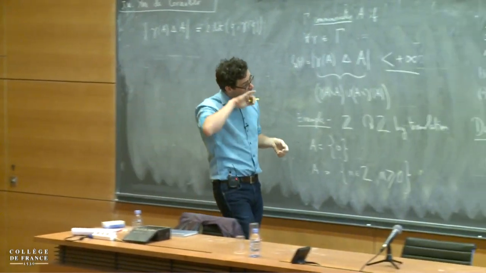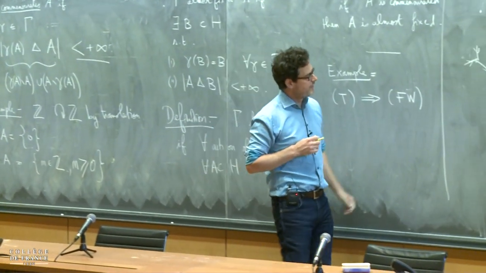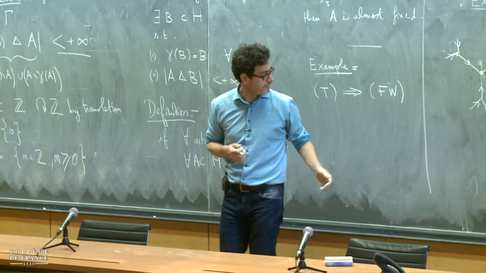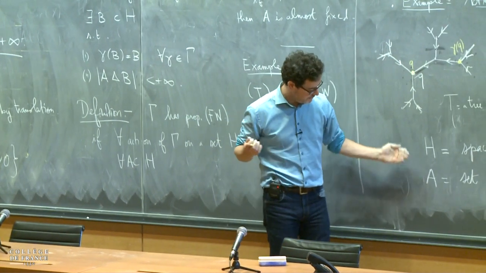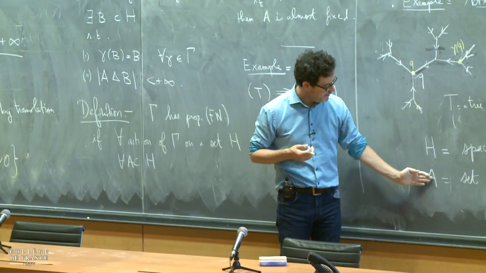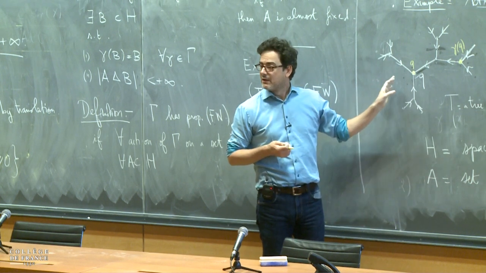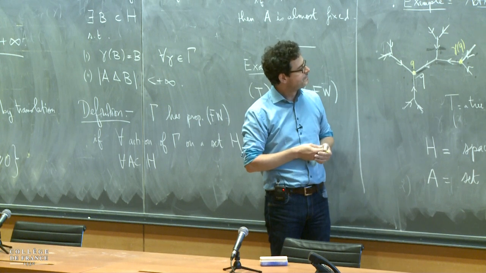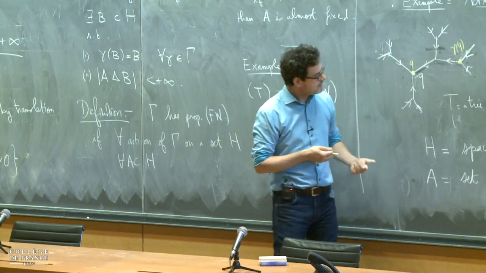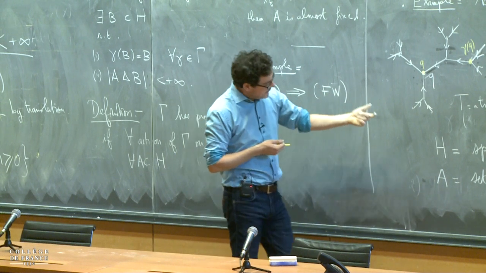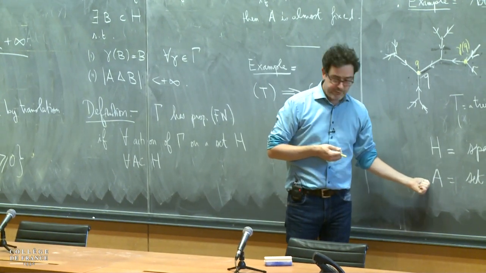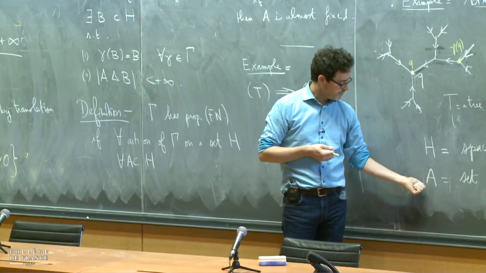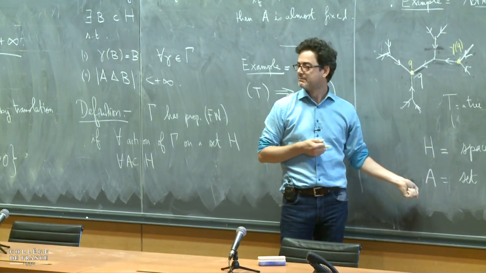So this means that if gamma has property FW, then I can find a set of edges, which I denote by B, and B is A up to a finite difference. But then this implies that the symmetric difference between gamma of A and A is bounded by 2 times the difference between A and B, because B is fixed.